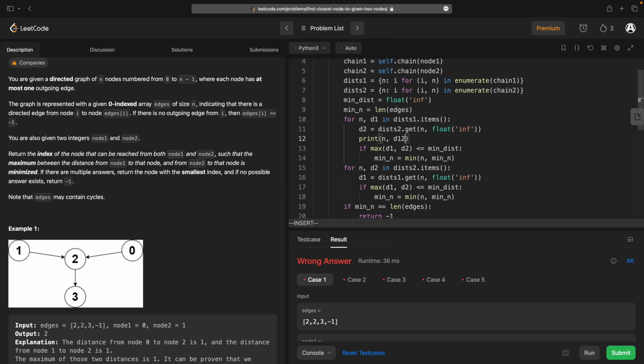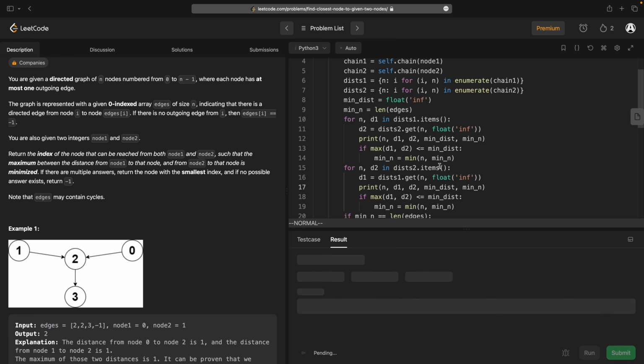Print n, d1, d2, min_dist, min n. I don't quite understand why that happened. I haven't understood my own code apparently.